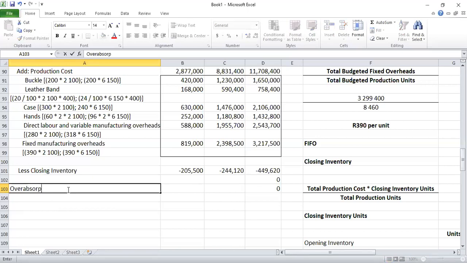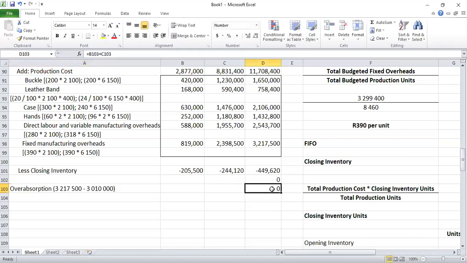So our over absorption would be the 3,217,500, which we absorbed, minus the 3,010,000. What do we get? Eugene, where are we getting the 3,010,000?